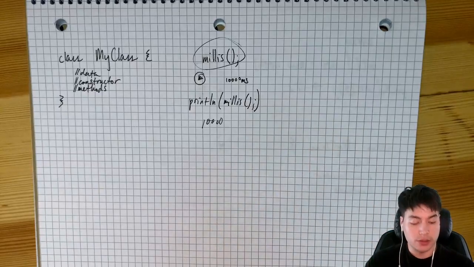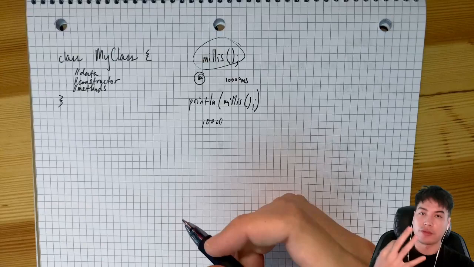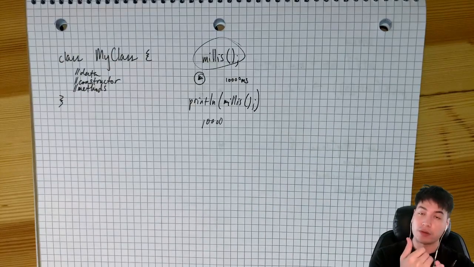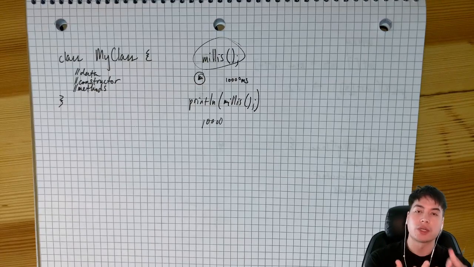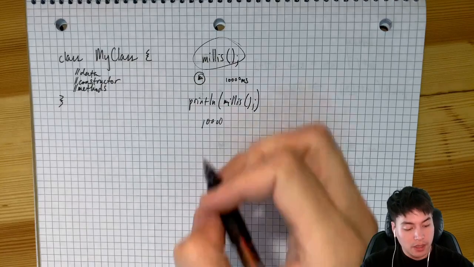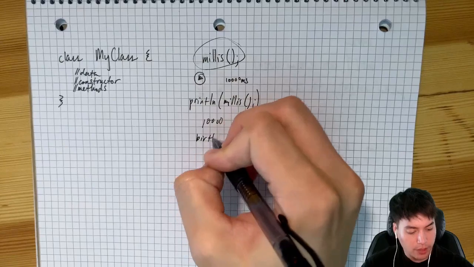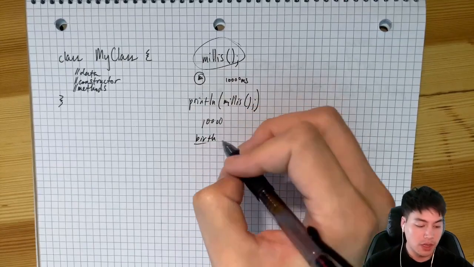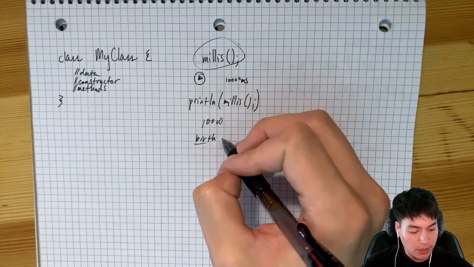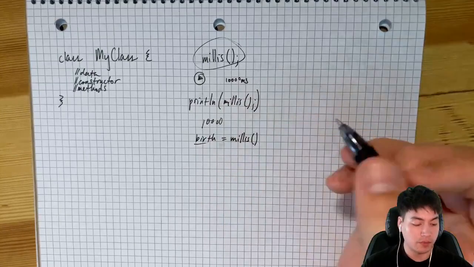What we're going to do is use a series of 3 variables to control the birth time of our object, the age of our object, and the lifespan of our object. We're going to say birth, and put this inside of our constructor, and that means when the object is instantiated, we set that equal to the current time, the number of milliseconds that have passed.